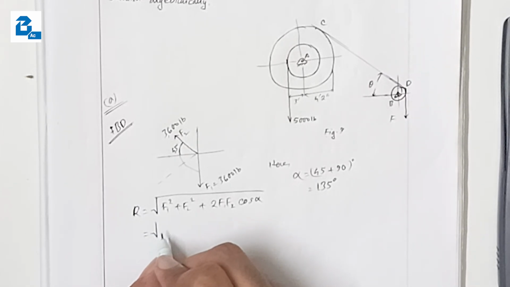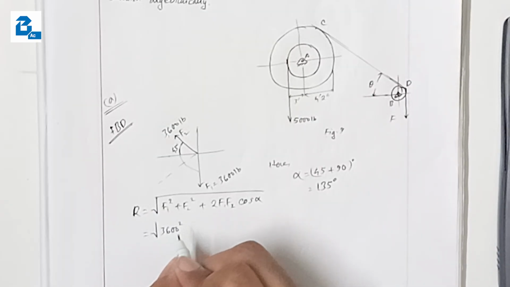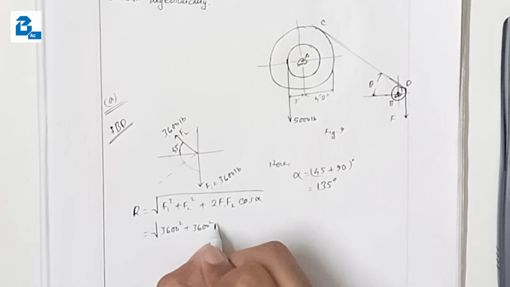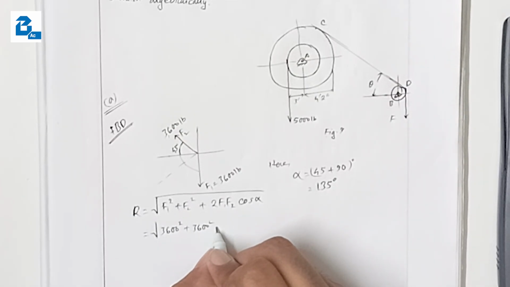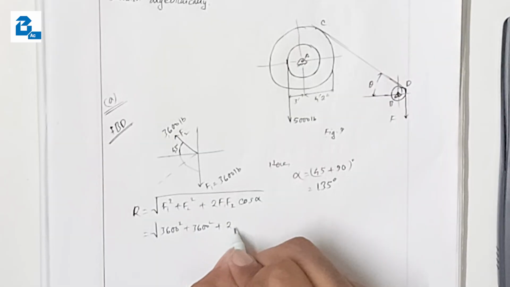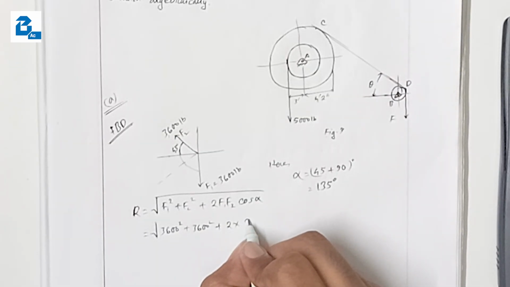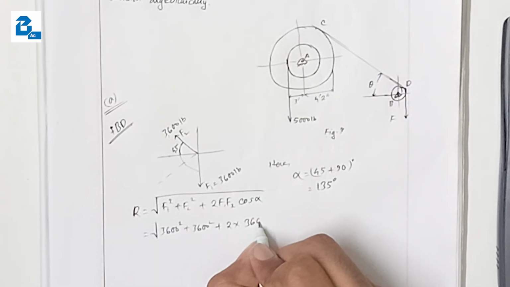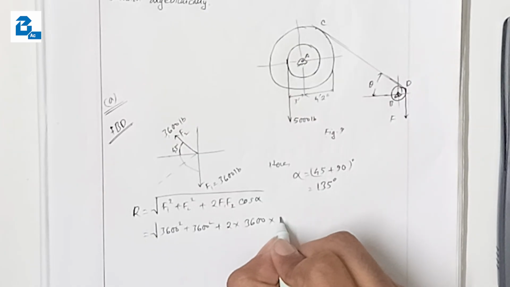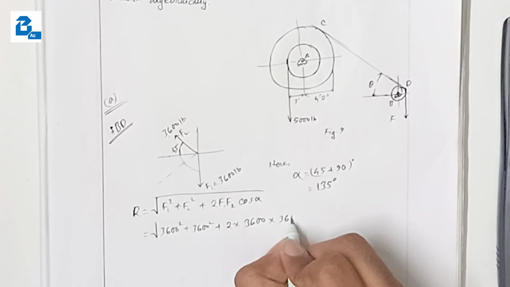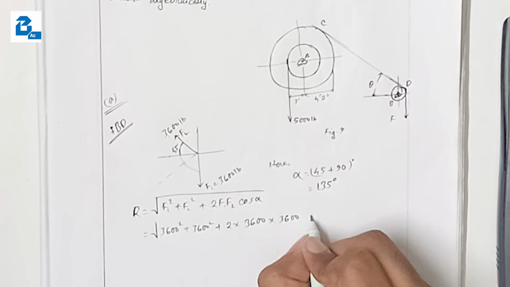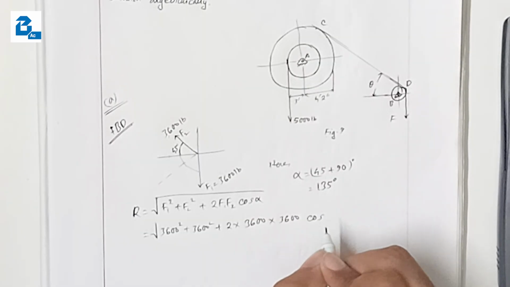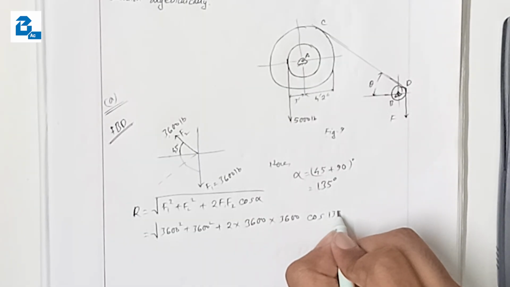Then we get 3600 square plus 3600 square plus 2 into 3600 into 3600 cos 135.